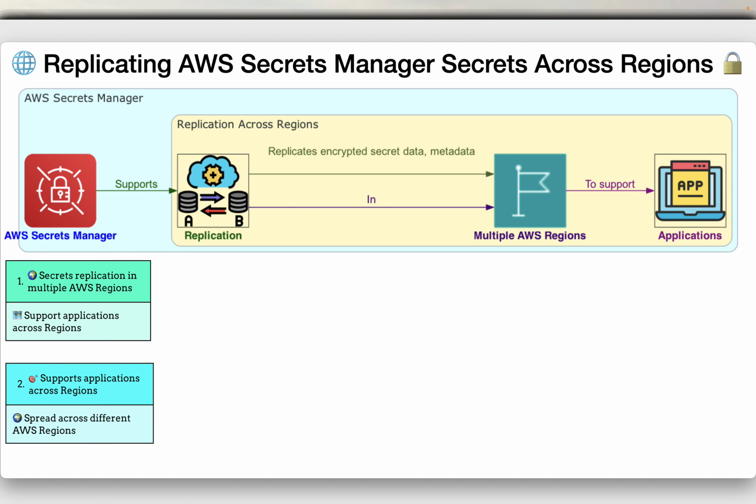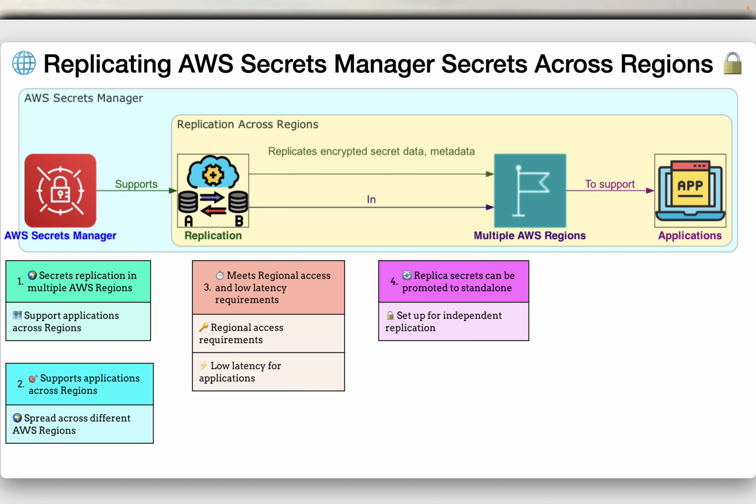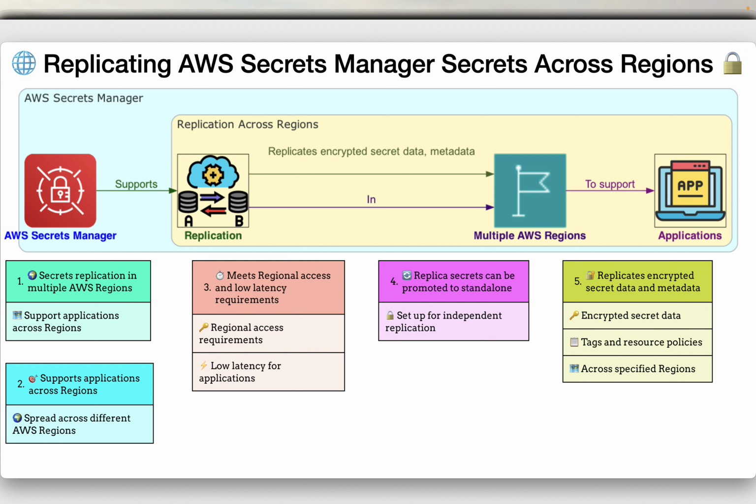Replicating secrets across regions allows you to support applications that are spread across different AWS regions. By replicating secrets in multiple regions, you can meet regional access requirements and ensure low latency for your applications. If needed, you can promote a replica secret to a standalone secret and set it up for independent replication. Secrets Manager replicates the encrypted secret data and associated metadata such as tags and resource policies across the specified regions.